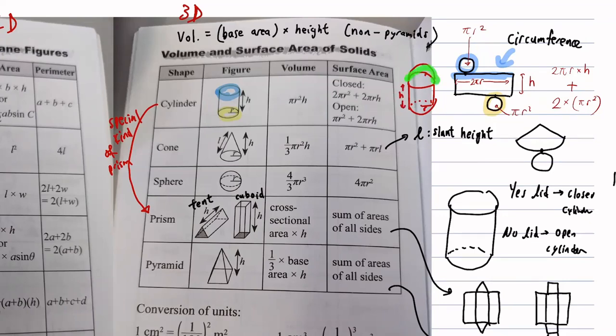Pi r square, plus 2 pi r times height, plus 2 pi r square. Very good. Because it's a hemisphere, the curved surface part is 2 pi r square.